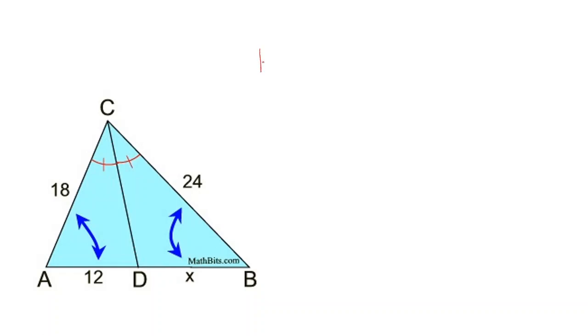So as 18 is to 12, as 24 is to x. So now we can kind of cross multiply. Multiply the 12 this direction and the x this direction. So we'll have 18x equals 12 times 24.